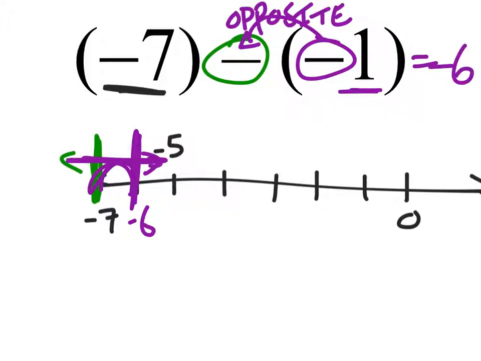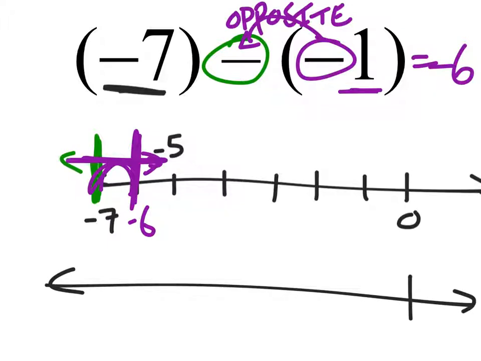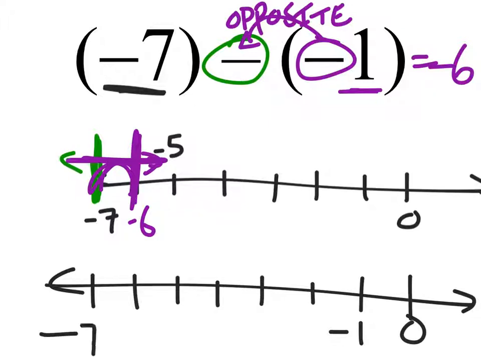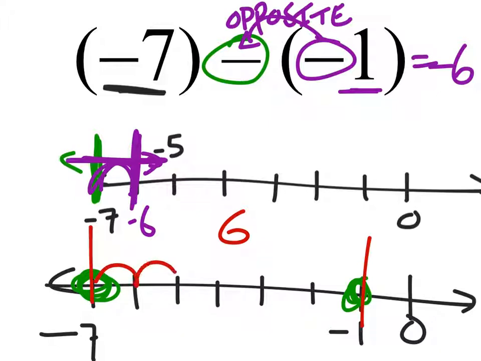So we started. All right, let's look at this a little bit differently though, right? We got a 0, -1, -2, 3, 4, 5, 6, -7 right here. This is where these numbers are. That's -7. There's -1. Once again, how far apart are these? 6 units. 1, 2, 3, 4, 5, 6. The question is, which direction did we go in?